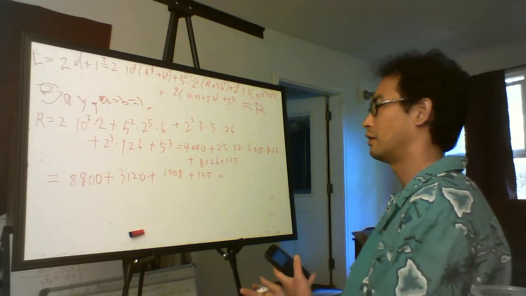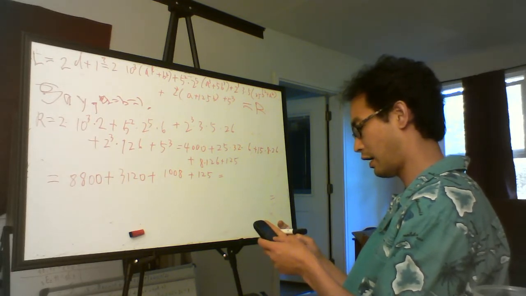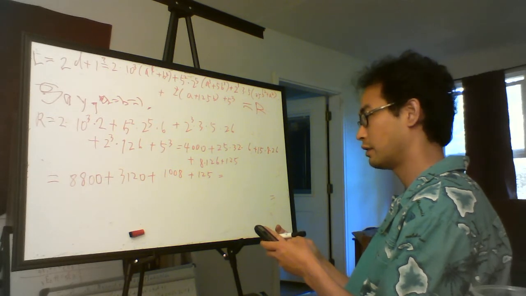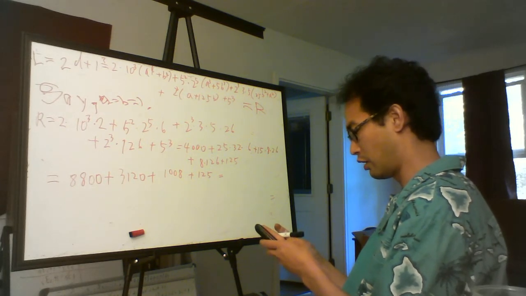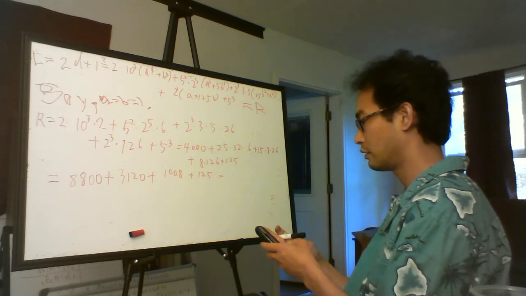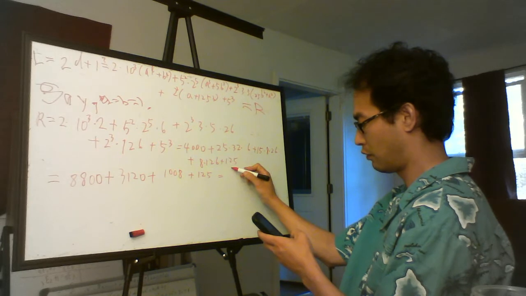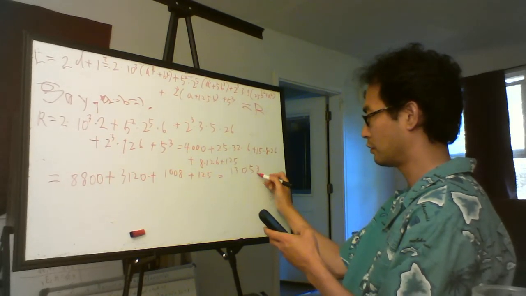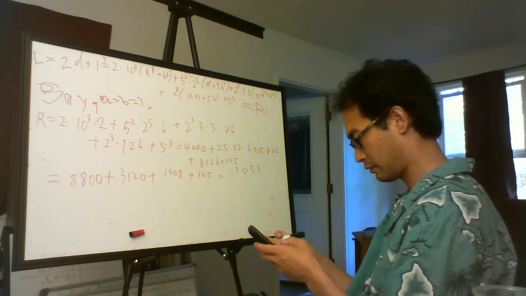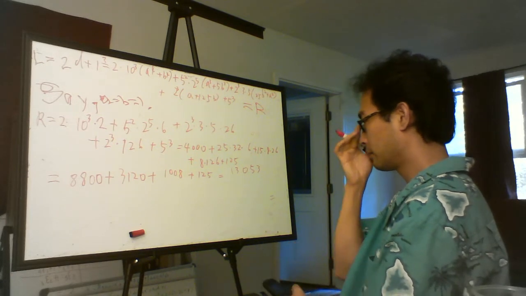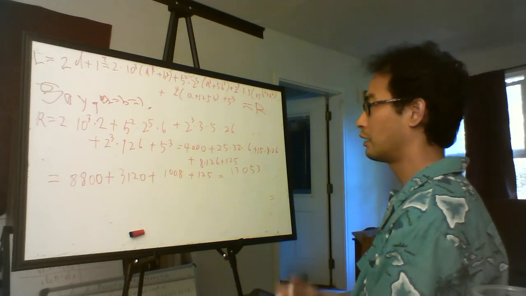Let's see: 8800 plus 3120 plus 1008 plus 125. What is it? 13053. Good app, nice calculator. And yeah, it's an odd number.